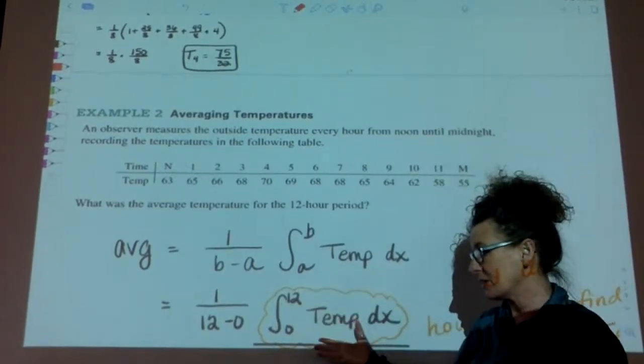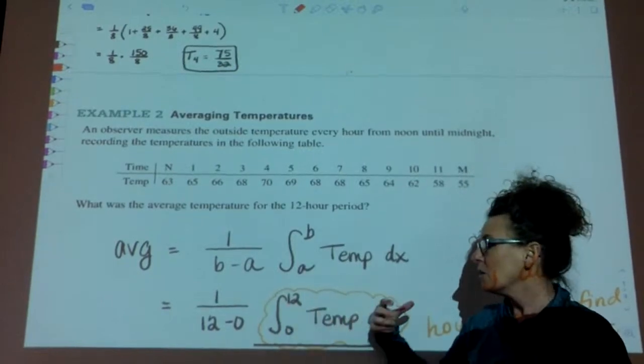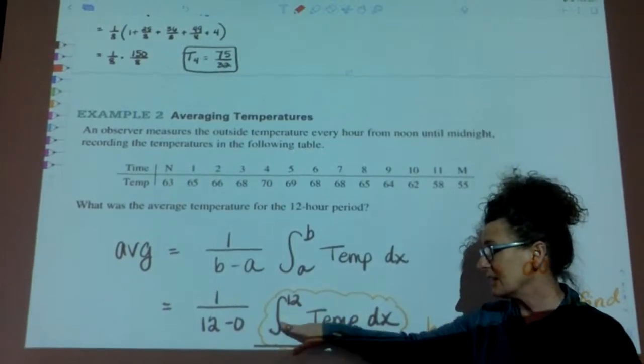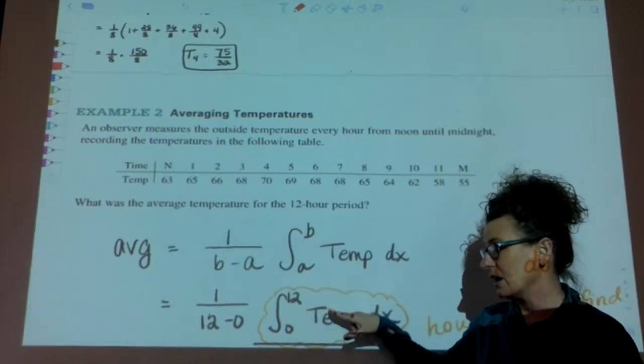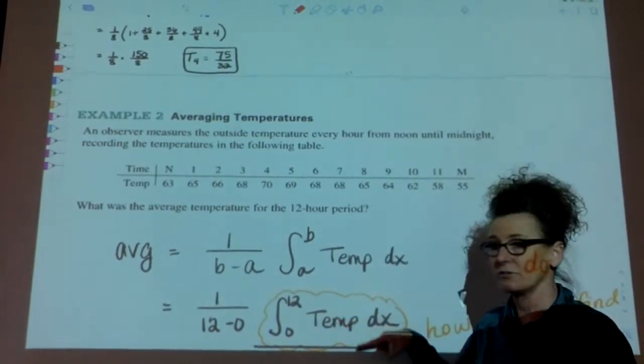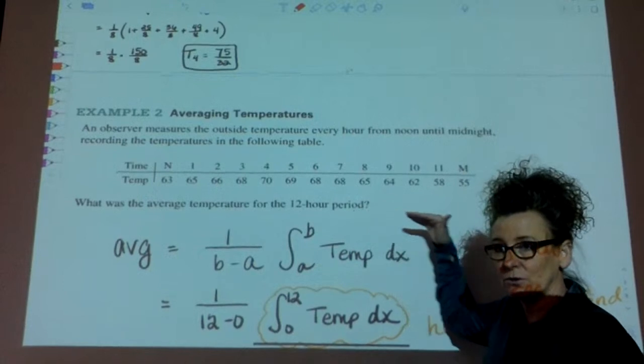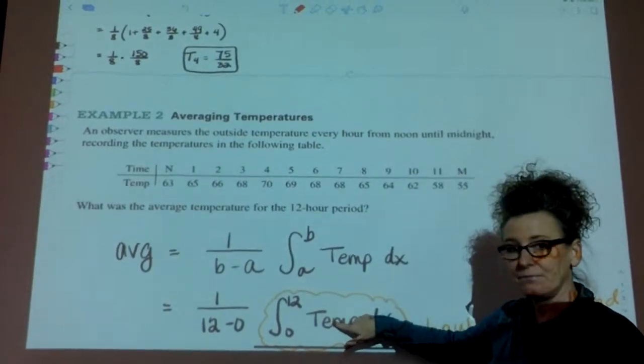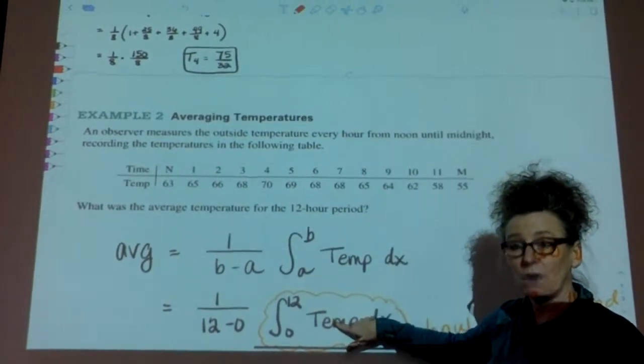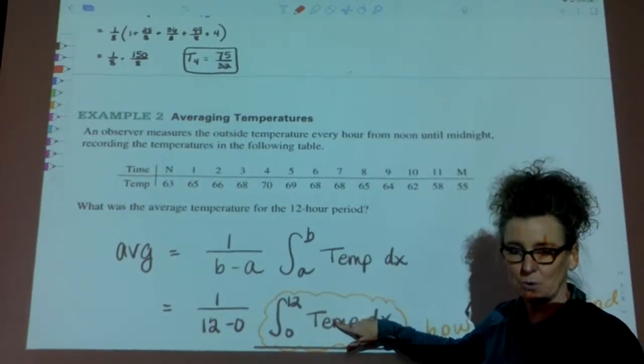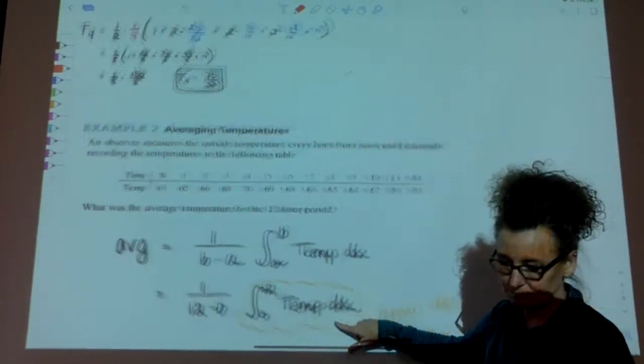Well, here's what this is saying though. If you know anything about integrals, one of the things that this integral says is find the area under this curve. Take all the y values, find the area under the curve. Well, the best way I think to do that at this point is by using trapezoids.